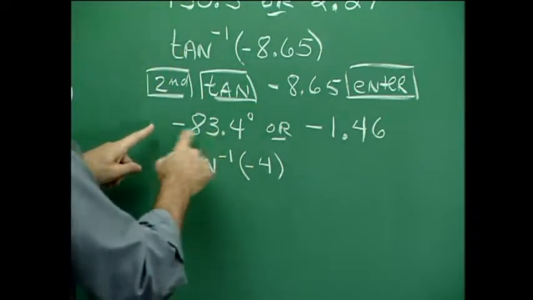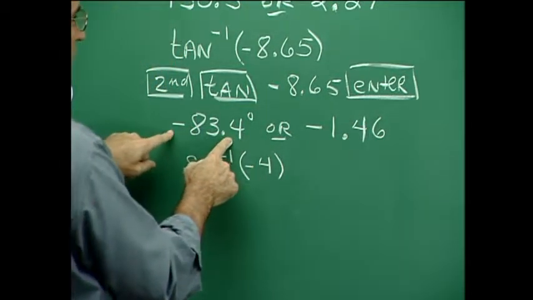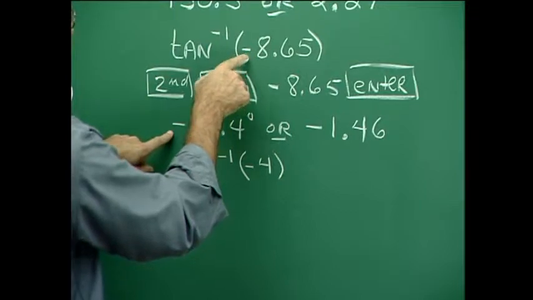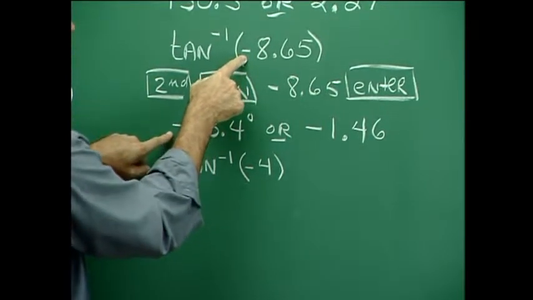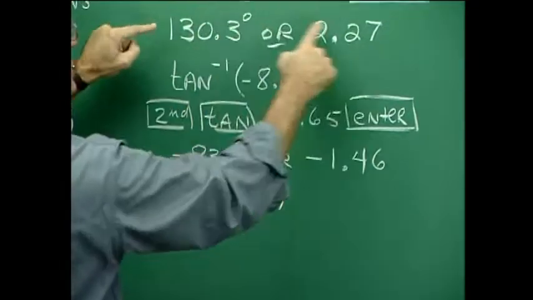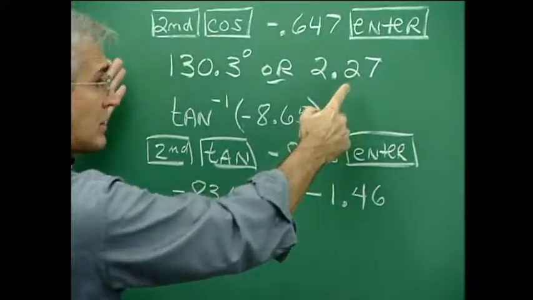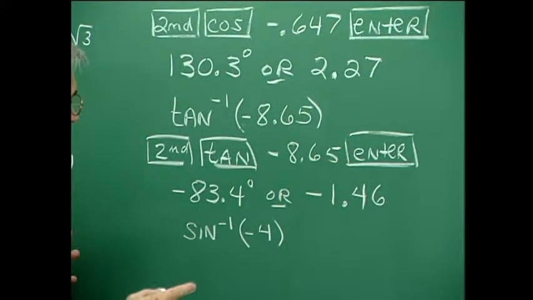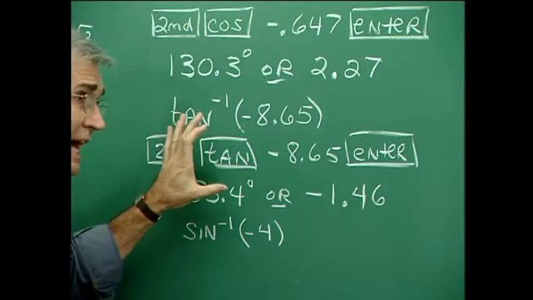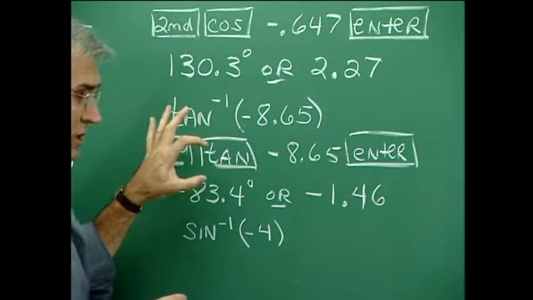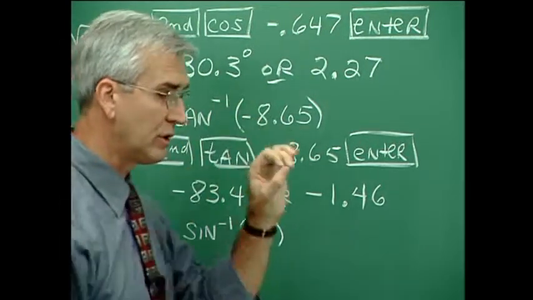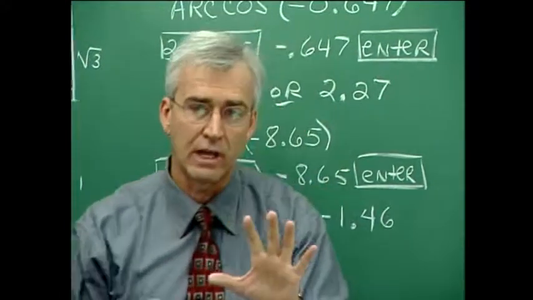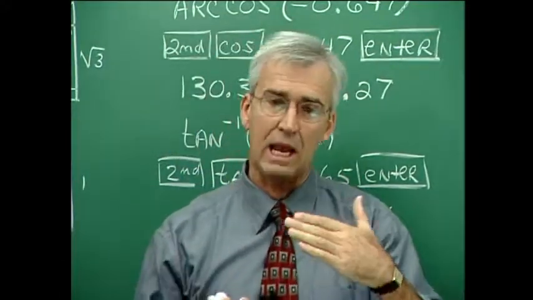Why is it that we get a negative angle here? Now it's not just because we have a minus sign right here. We had a minus sign up here and yet these angles weren't negative. You see, why do we get a negative angle here? Well, it's because with both sine and tangent, the inverse functions give values that are in the fourth and first quadrant.